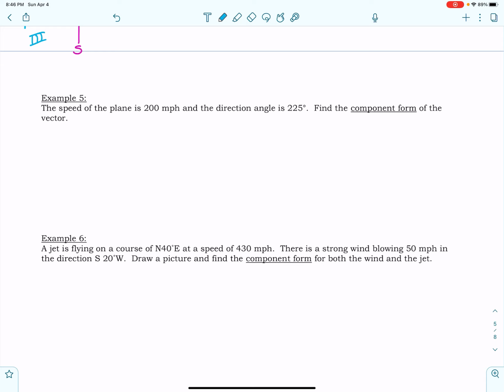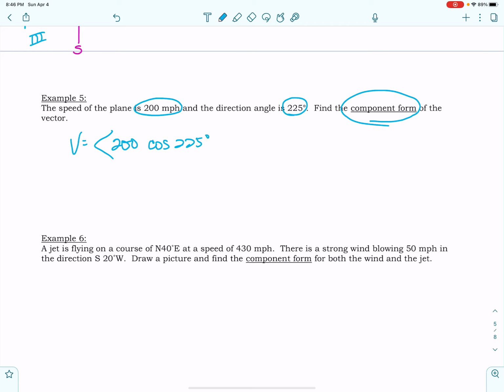The speed of a plane is 200 miles per hour. The direction angle is 225. You're given the direction angle. You don't even need to do anything but this right here. So the component form of my vector is 200 miles per hour times the cosine of 225 and 200 times the sine of 225.